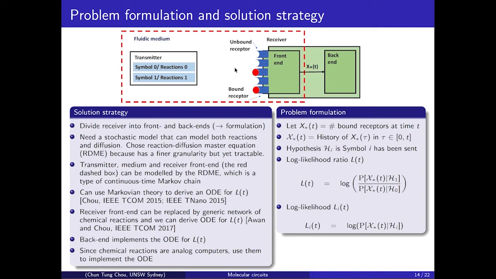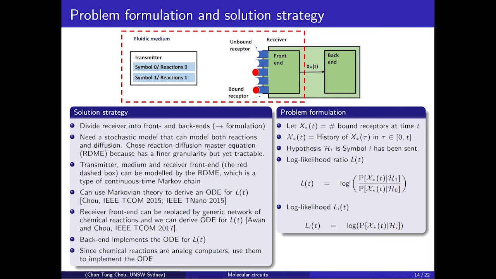What we have learned from biophysics is that one way to model both chemical reactions and diffusion in a stochastic way is the reaction diffusion master equation, and that is the model that we have chosen. There are some alternative models, but we haven't chosen them because they may not be tractable, or they do not have as fine a granularity as the reaction diffusion master equation.